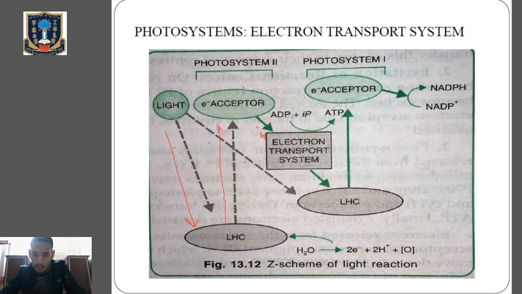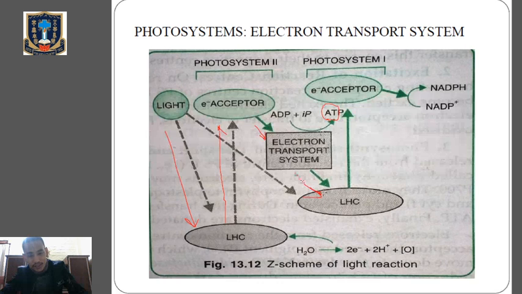Okay, so while moving through the electron transport system, the electron will lose the energy, and that will be utilized for the formation of ATP. Okay, and finally the exhausted electrons, that means the electrons which are devoid of energy, will be donated or given to PS1.